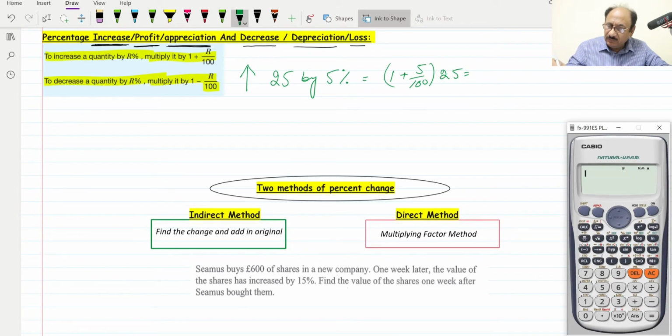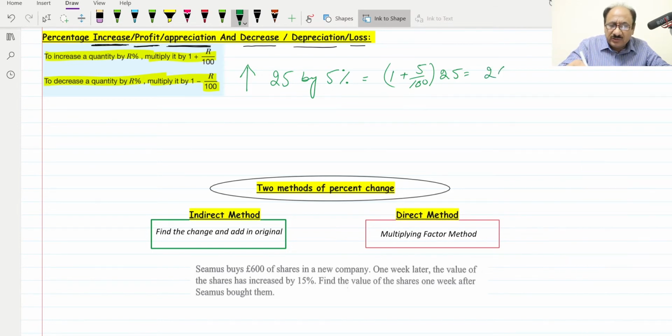This will be bracket 1 plus 5 over 100, multiplied by 25, and the answer will be 26.25. This is in case of increase. Now in case of decrease, for example, we have to decrease 99 by 9%. How will we decrease this?